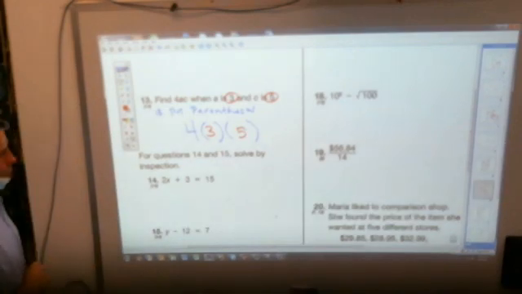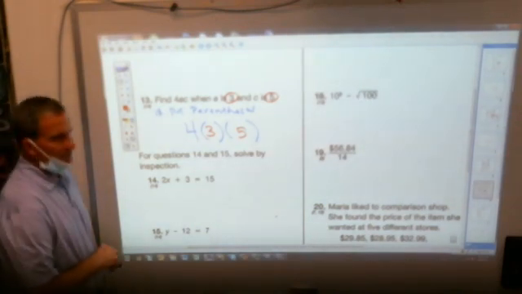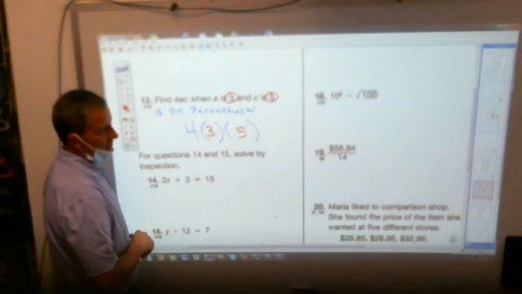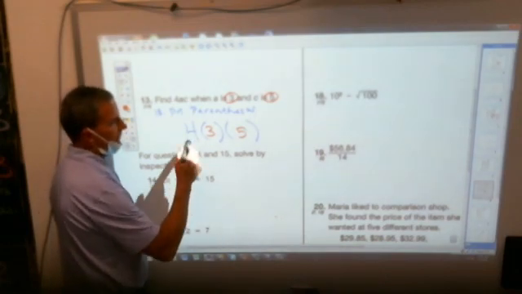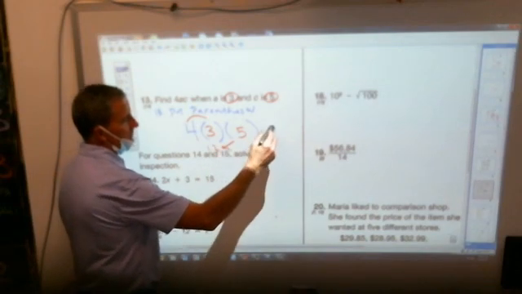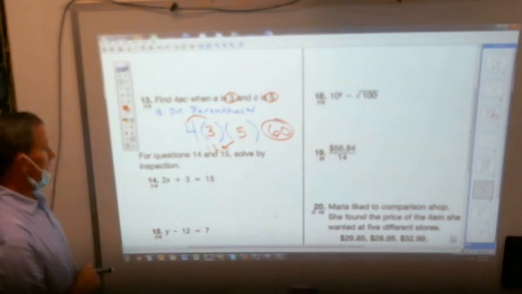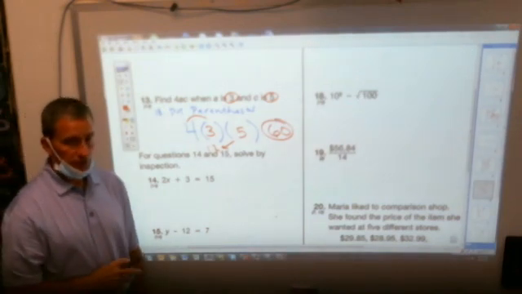Did you multiply 4 times 3 times 5, Grayson? No. Did you just write 435? What did you do? I think I multiplied 4 times 3. What about the 5? 4 times 3 is 12, and 12 times 5 is 60. So that's all you have to do. That is it in a proverbial nutshell.